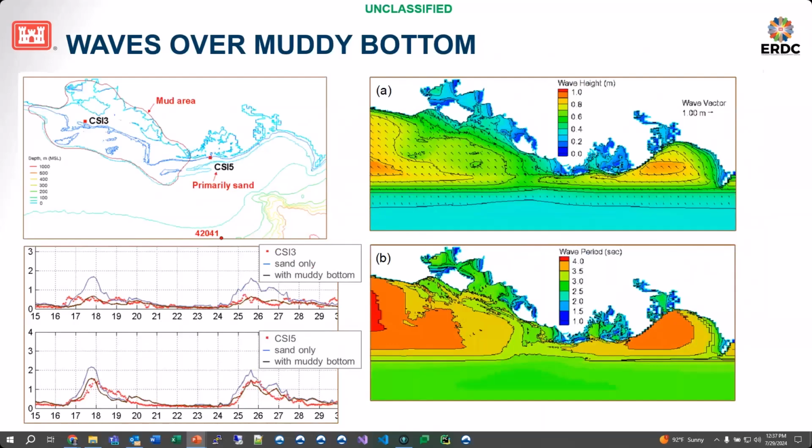Some of the other new capabilities with the wave model, we have muddy bottom capabilities where we can add in extra dissipation in some areas that are covered by mud instead of sediment. And so we're just showing a couple of different plots here where we were really over predicting some things before, and then when we changed it to be able to incorporate these muddy areas, then we're getting a much better answer, just some of the validation there.